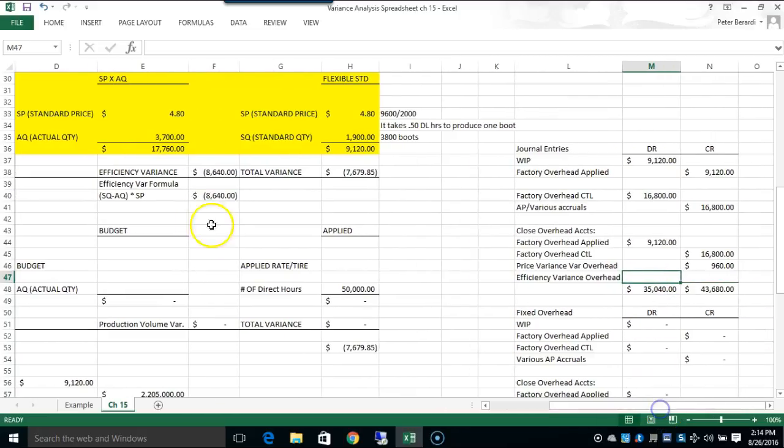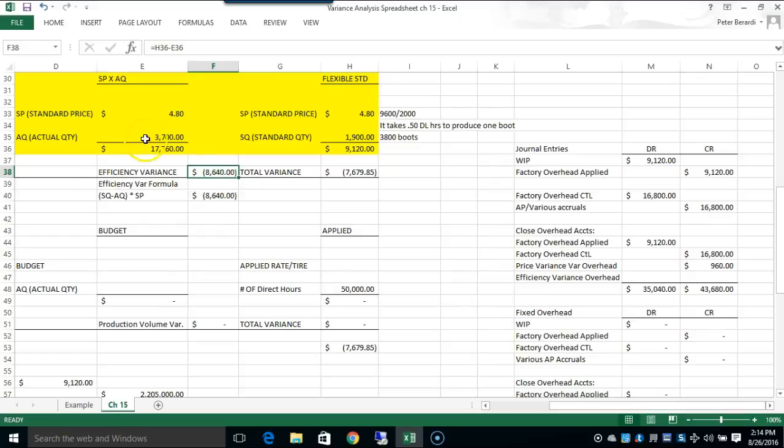The efficiency variance, on the other hand, we had a lot more direct labor hours incurred for the month, which increased variable overhead. Therefore, our cost of goods sold based on the standard is going to come in too low. So we have to get that higher at the end of the month.